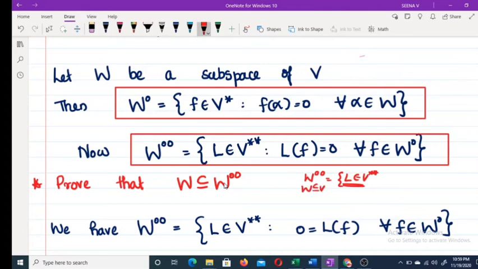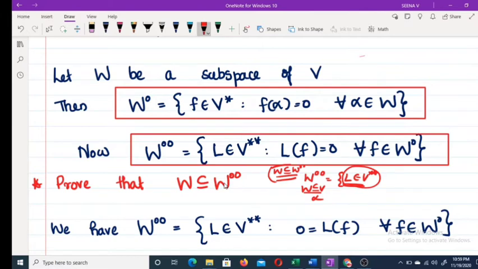We are identifying W as a subset of W double naught.